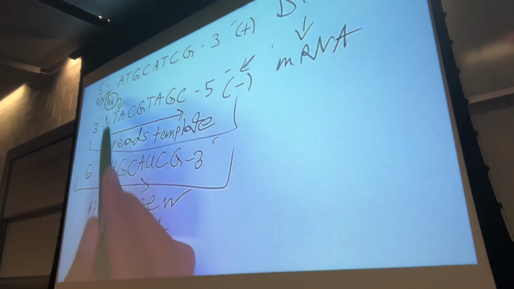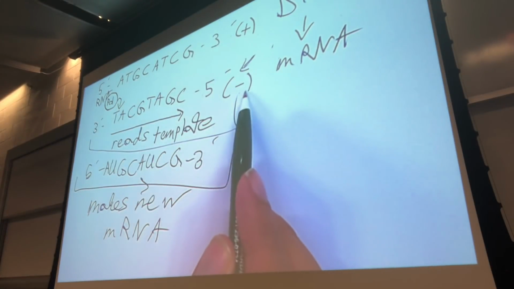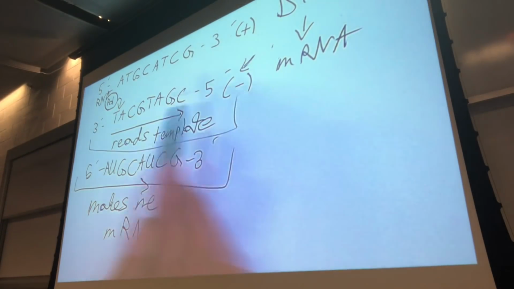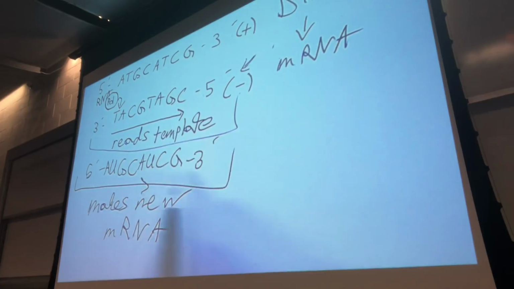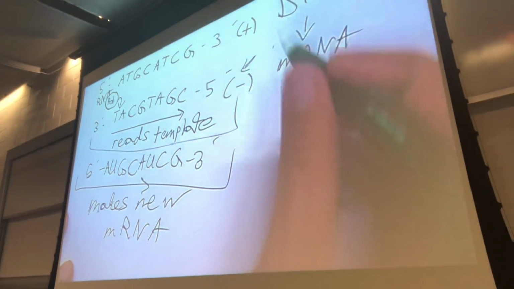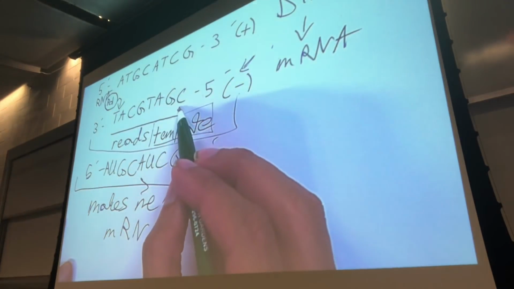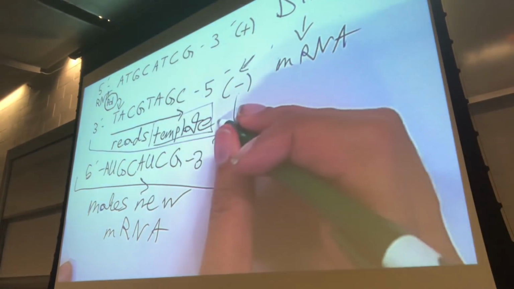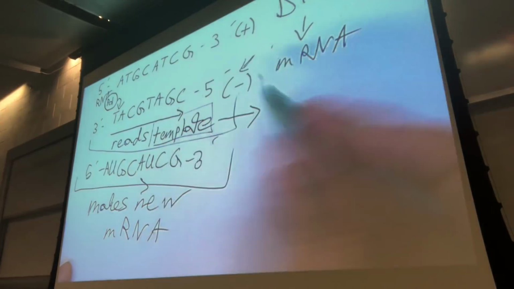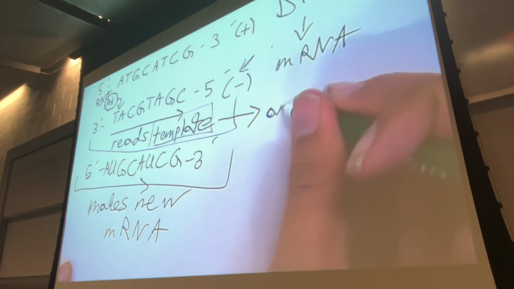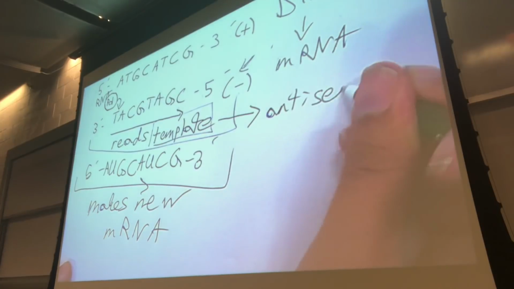In this example, this RNA polymerase is binding to the minus strand of DNA to read this template to make brand new mRNA. Well, I've used the phrase template to describe this DNA strand down here. You should memorize that this means the antisense strand.